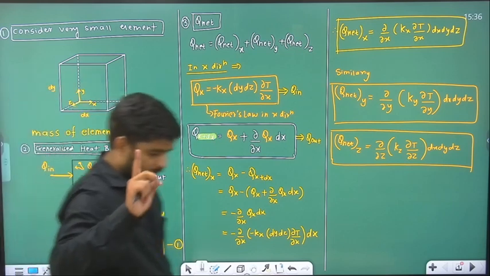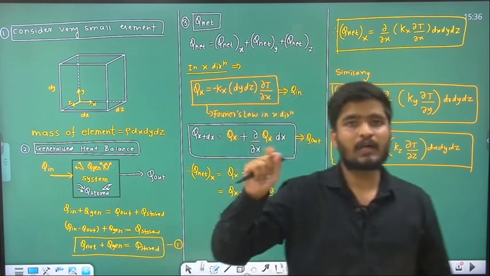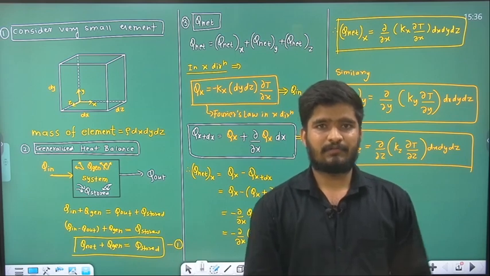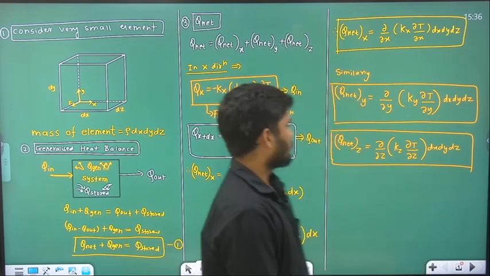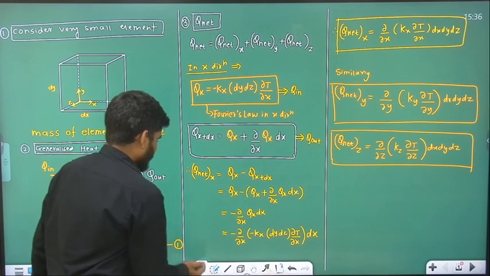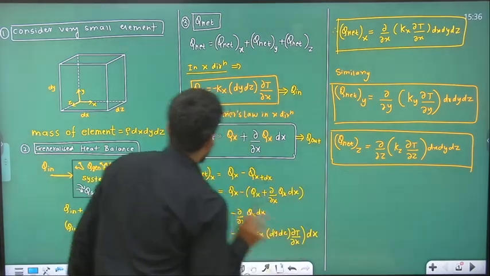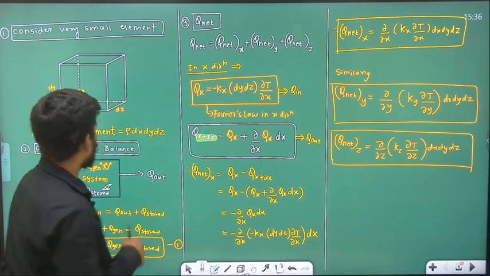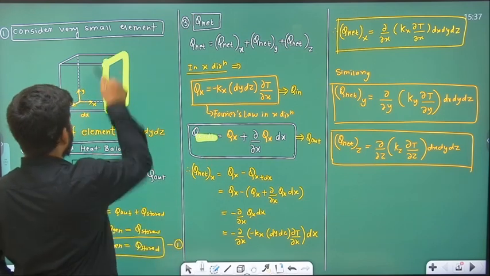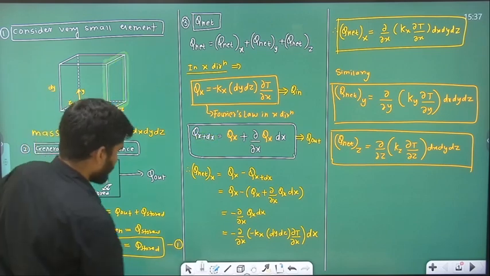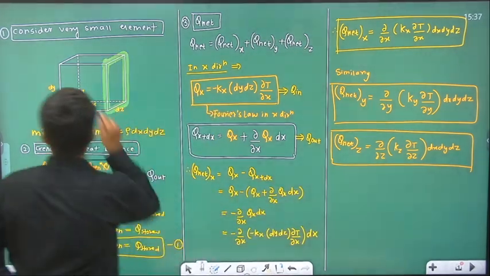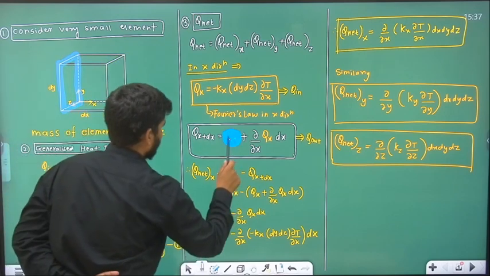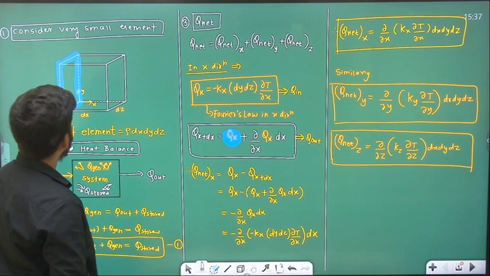Now my dear friends, if you want to write Qx plus dx, think of Taylor series, which we have studied in mathematics. So let us think of Taylor series in a simple way. What we want is heat transfer at this face, x plus dx, which will be equal to heat transfer here, that is Qx, shown here.